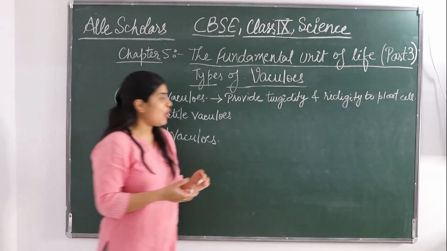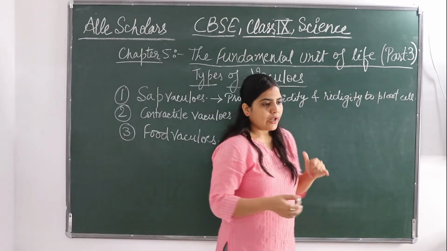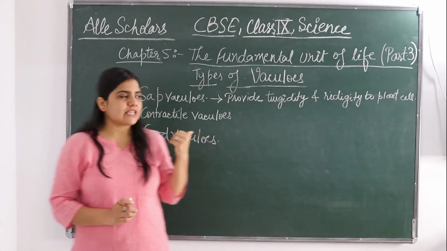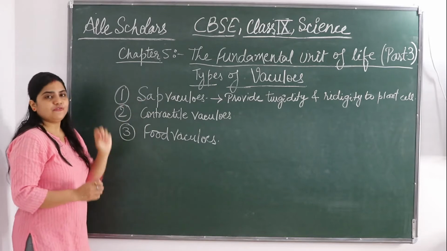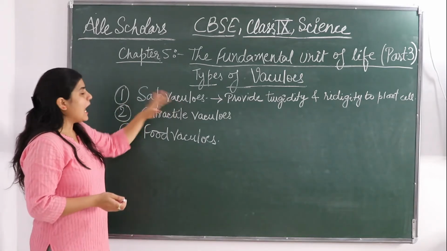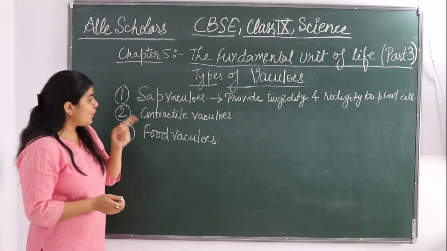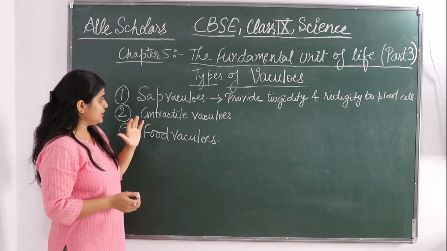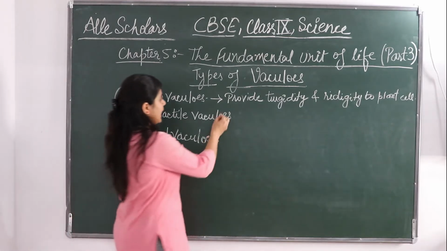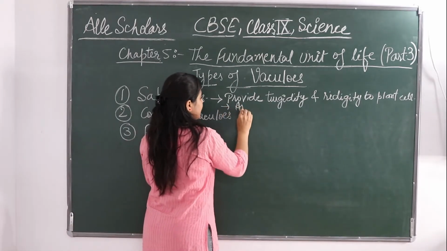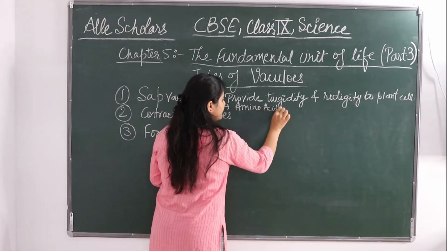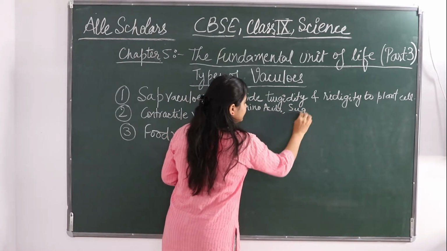Now what happens? Many substances of importance in the life of a plant cell are present in the sap vacuole. For example, amino acids and sugars are there.